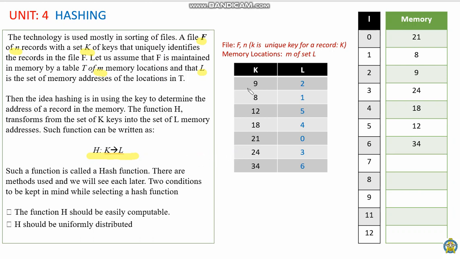So let's imagine here. There are different methods of hashing. We will see them in the coming slides. Let's imagine there are some values, and they are going to be transferred into memory locations.